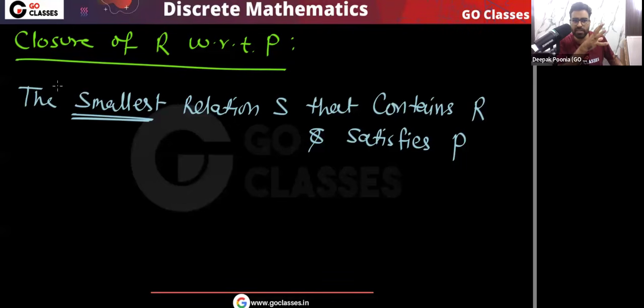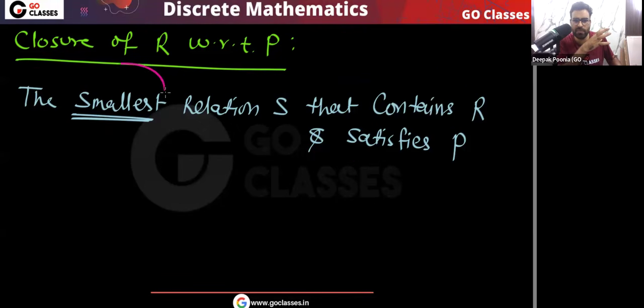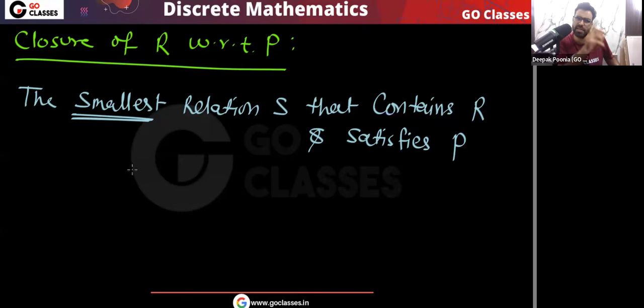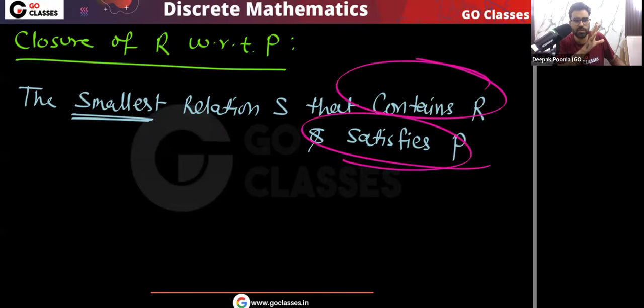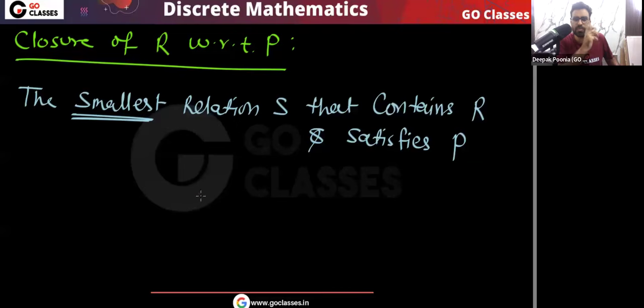If we take that property, then this definition will give you a wrong answer, because you will be finding the smallest relation that contains R and satisfies property P. Then you can add any extra pair, just one extra pair. Do you agree with me? It will be a smallest relation which contains R and satisfies P. You will think you got the answer, but there is a problem there.